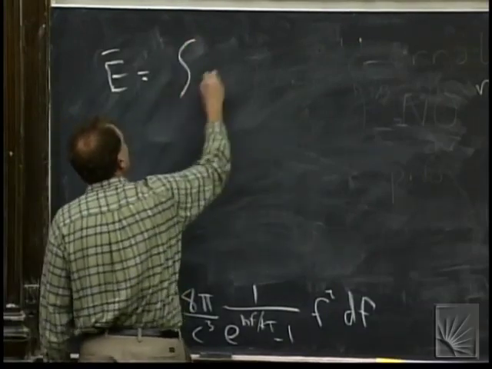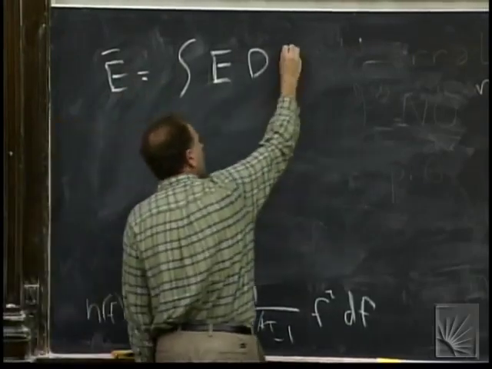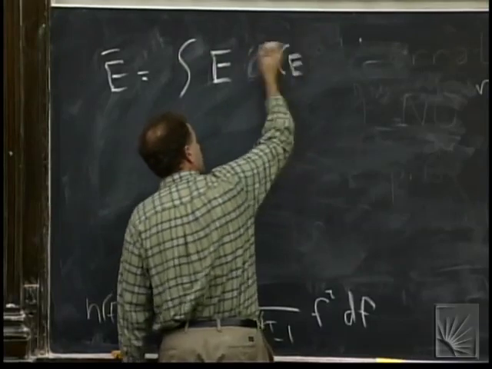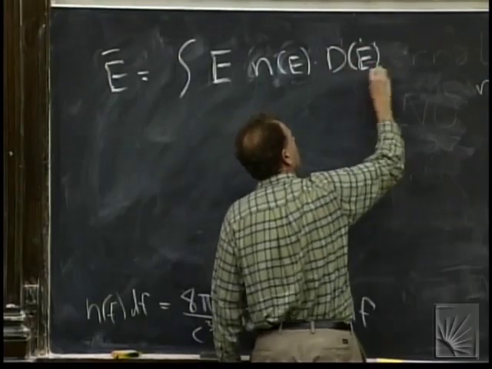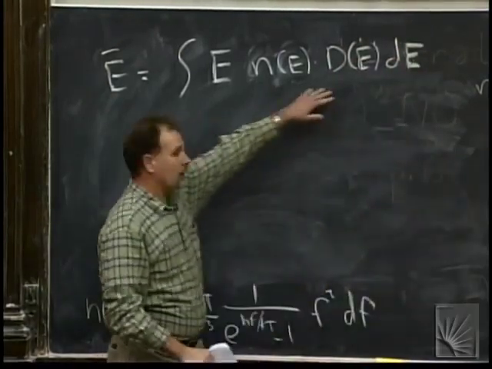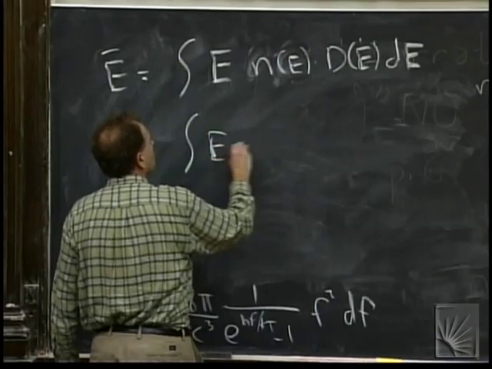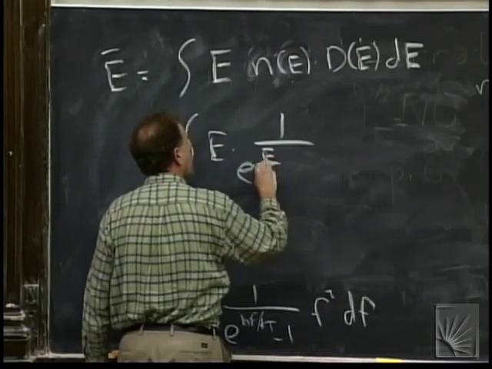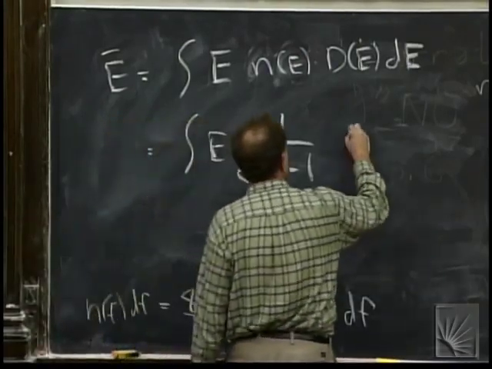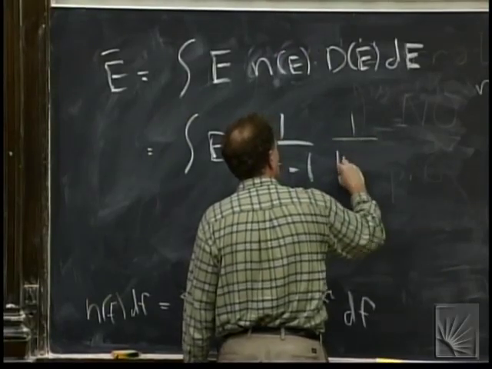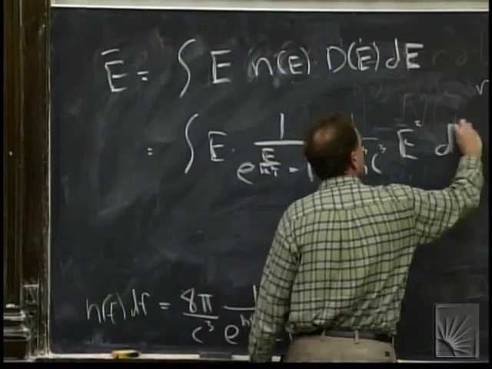I'm taking an average of something, so I write the energy, and then I have to multiply it by the probability and average. And this term, in the units I just had, was 1 over pi squared h bar cubed c cubed, E squared dE.